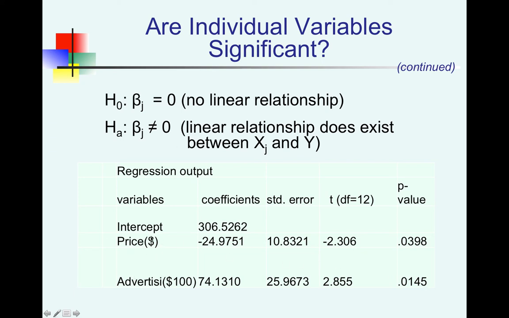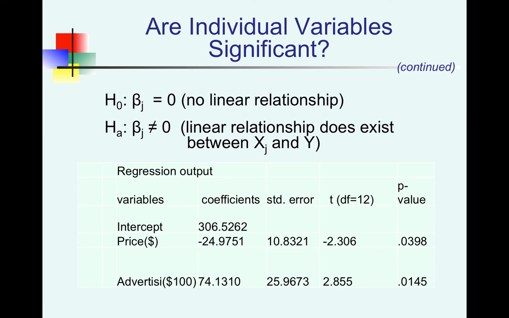So slope for price, p-value is 0.0398, which is less than 0.05. So we're at least 95% confident. How confident? 1 minus this confident. And same for advertising. This is also less than 0.05, so this is also considered a significant predictor. Again, you get to choose what significance means.